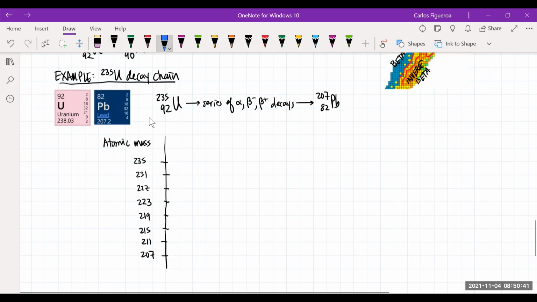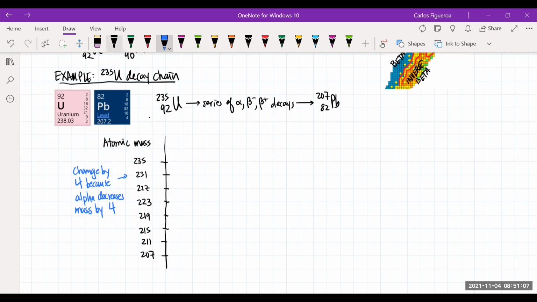So note that these change by 4 because alpha decreases mass by 4. That's why I did that.